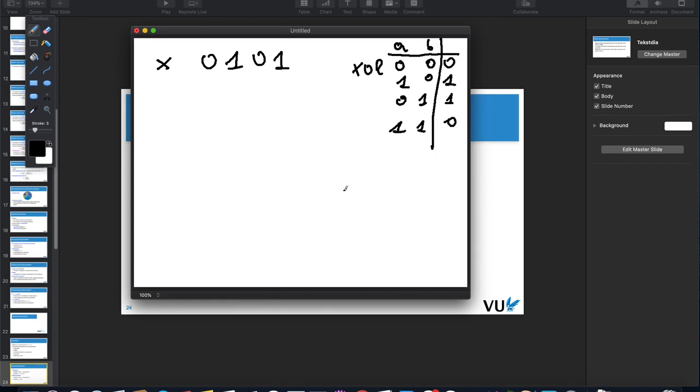So the XOR operator tells us where the difference between bits is, all right? So this is how it is defined. Now if we have a mask that is, let's say, 1, 0, 0, 1.